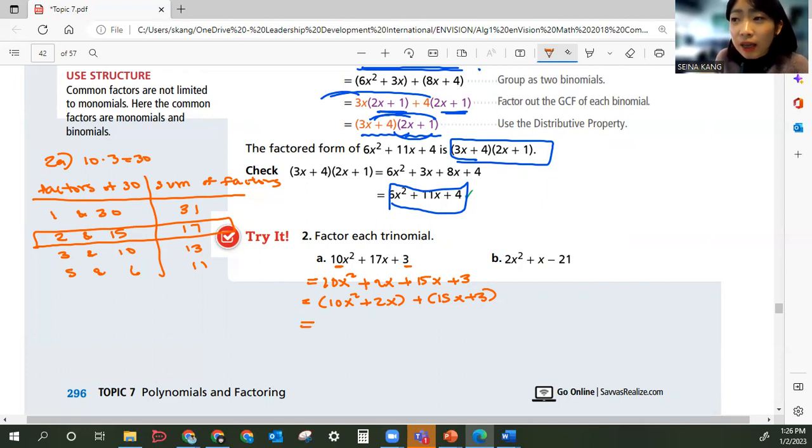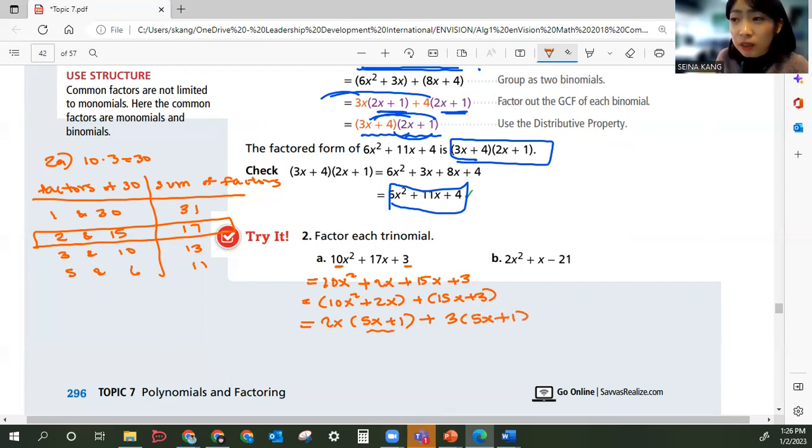So if you have 10x squared plus 2x, your greatest common factor for this one is 2x, right? 10x squared has a factor of 2 and a factor of x. So you can factor out 2x, and you get 5x plus 1. Okay, 1 times 2x is 2x, right? And then 15x plus 3, your GCF is 3. So if you factor that out, you get 5x plus 1.